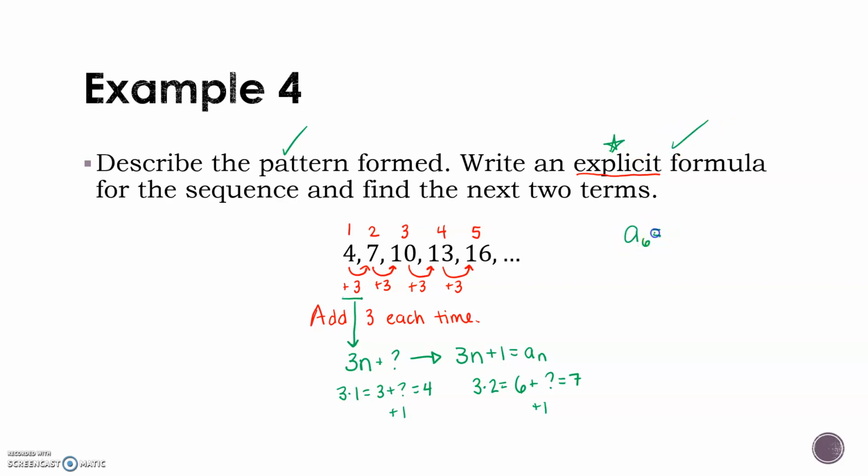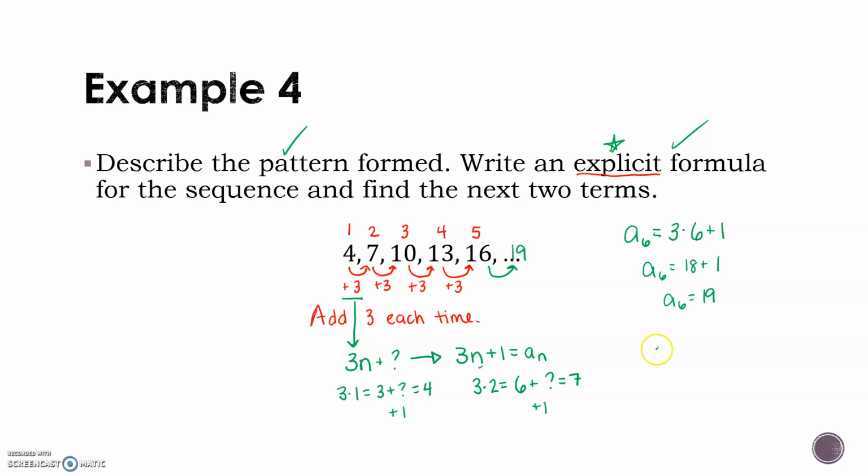So for a sub 6, I'm not just going to say, oh, plus 3, but I would get 3 times 6 plus 1. So a sub 6 would equal 18 plus 1, which is 19. And that makes sense. If I go plus 3, I get 19.